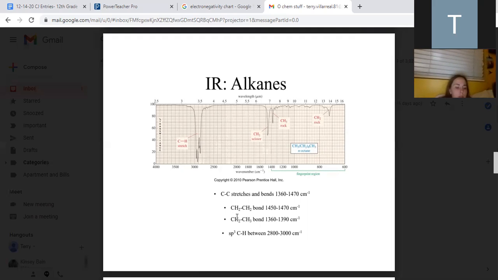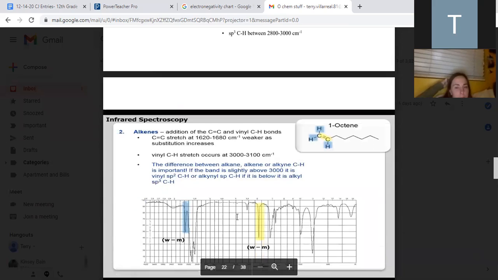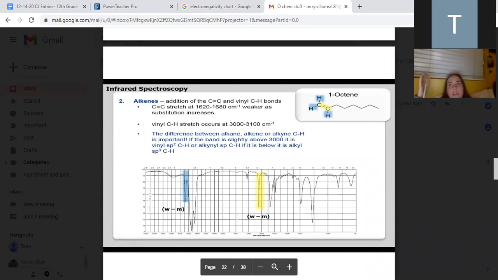I had a question on the absorbance too, because I never really understood this. If there's more absorbance, what does that mean? Well, there's two ways that this could work. Imagine, what is light comprised of? Photons, right? So imagine I have a light on one side of an empty room and a detector on the other side.